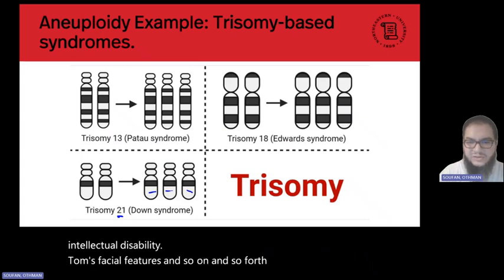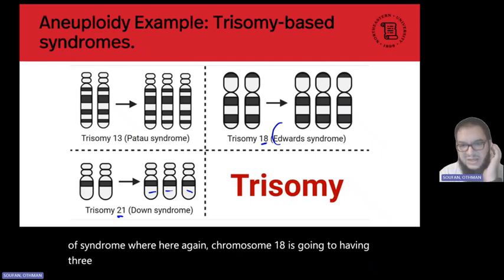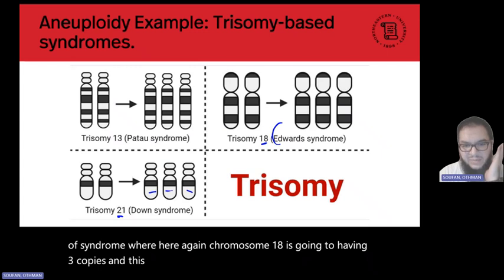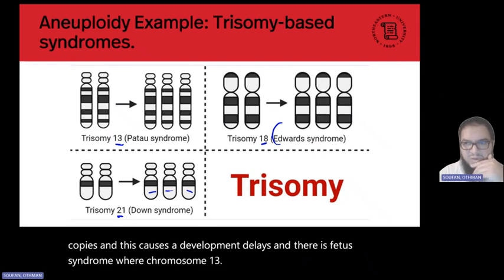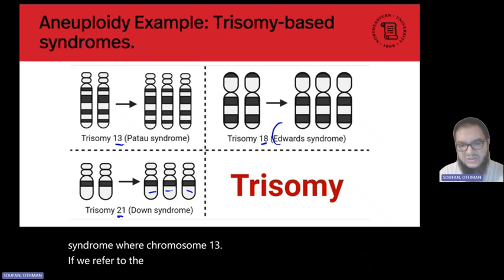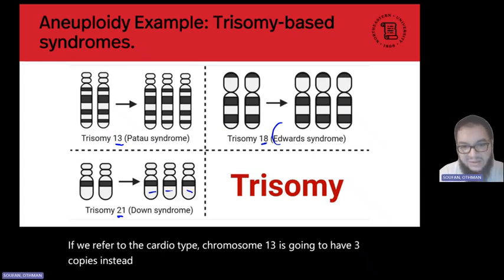There's another kind of syndrome where, again, chromosome 18 has 3 copies. And this causes development delays. And there is Patau syndrome, where, if we refer to the karyotype, chromosome 13 has 3 copies instead of, again, 2.